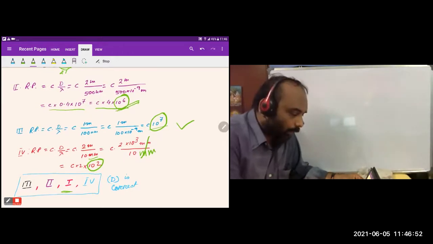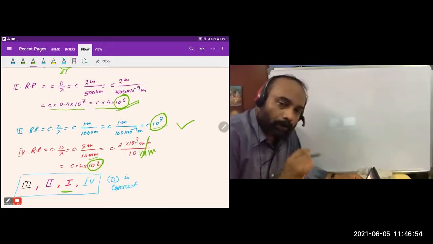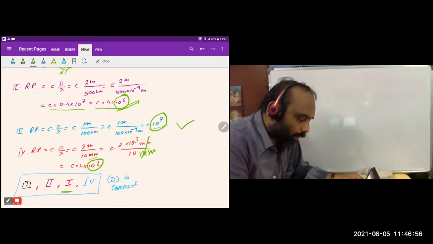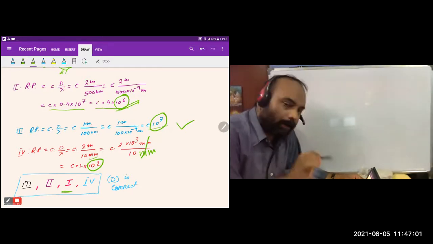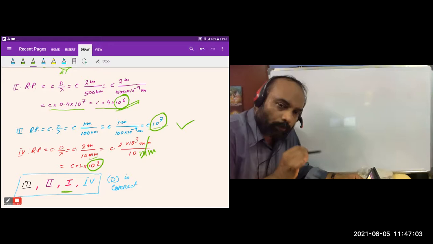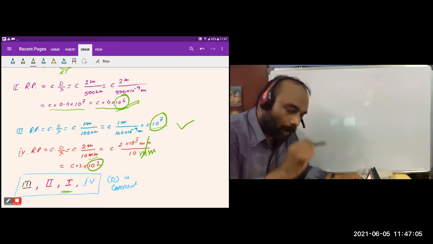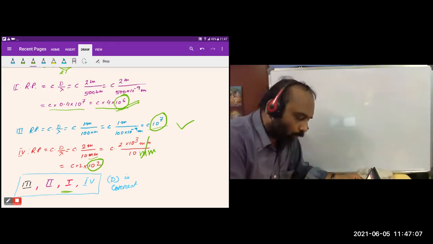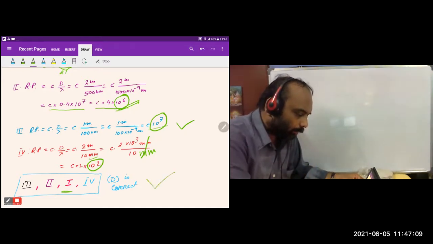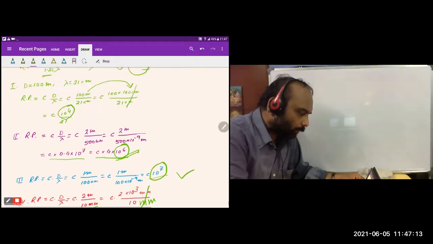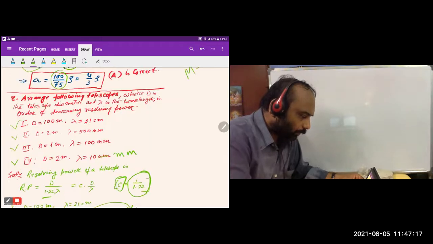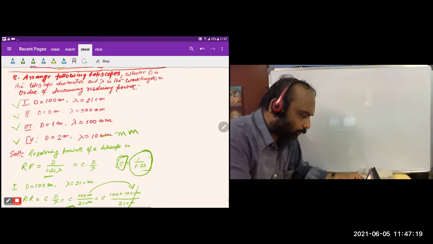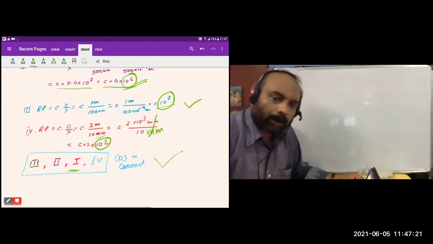And then the 4th telescope, which is 10 to the power 2. So the decreasing order is 3, then 2, then 1, and then 4. So option D is correct. So out of the 4 options, the last option, option 4, is correct.